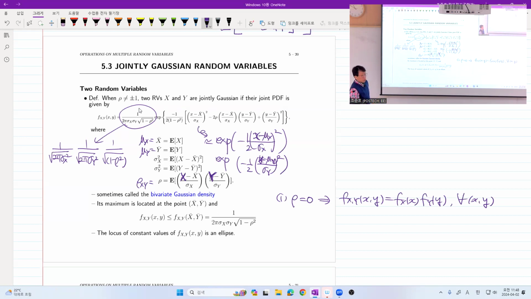And if rho is not 0, then you have concentric ellipses as level sets. What if rho is very, very close to 1 or -1? The ellipse shrinks to almost a straight line. So as we've seen, rho equals ±1 means linear dependence. You have the same linear dependence in the joint Gaussian case.